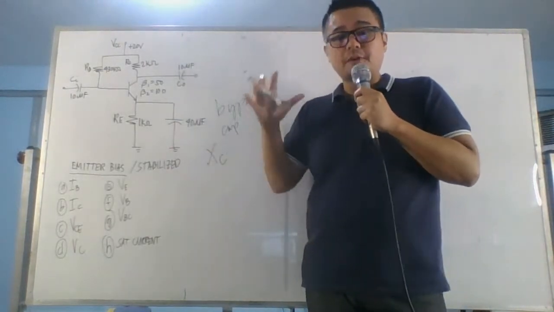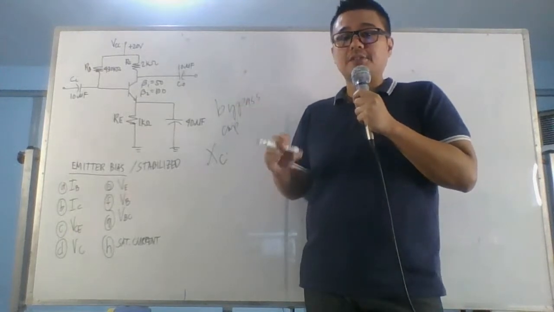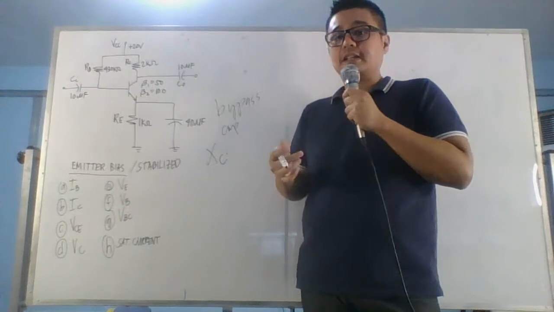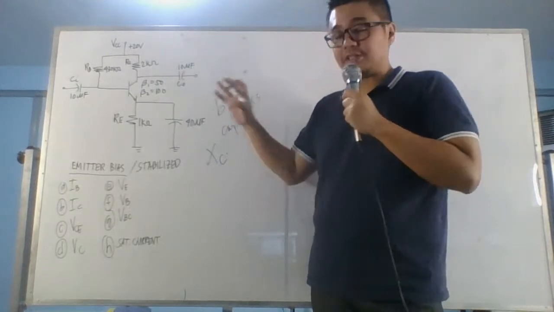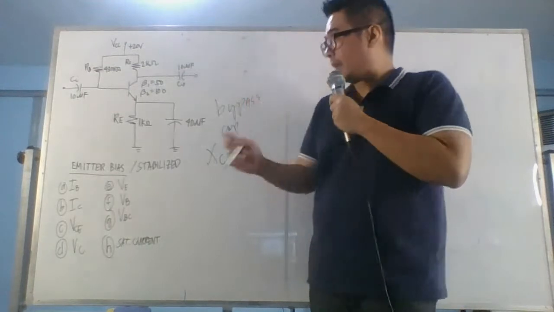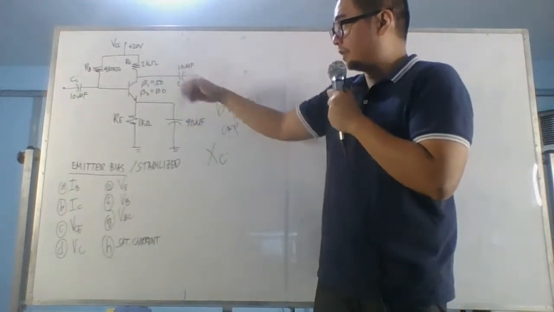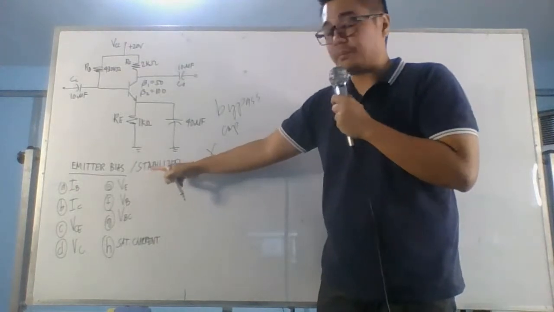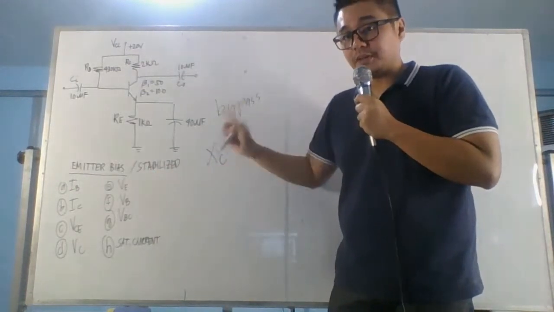But take note na for our discussion today, DC analysis lang muna ang concern natin. That is why lahat ng capacitor are considered to be open. Okay? For this configuration, this is called common emitter bias or emitter stabilized configuration.